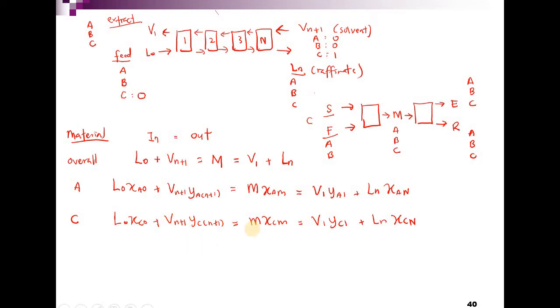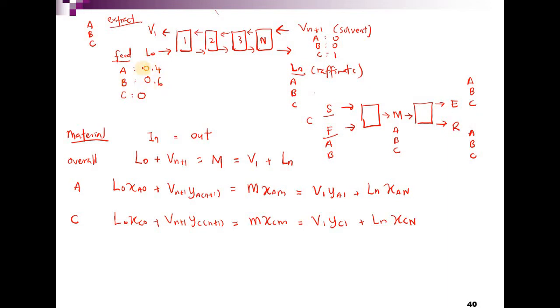Okay, so in multi-stage LLE, in a partially immiscible system, of course when we talk about multi-stage, we want to know the number of stages required. Let's say I have a component A and B. It enters with component A at 0.4 mass fraction and B 0.6.